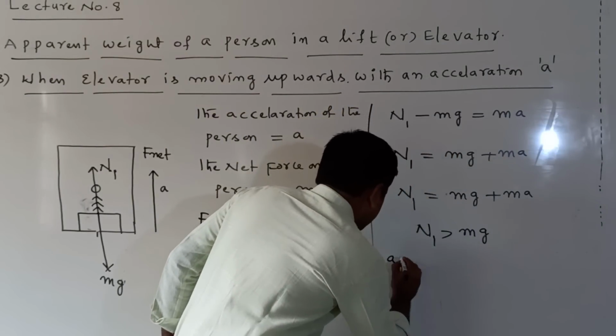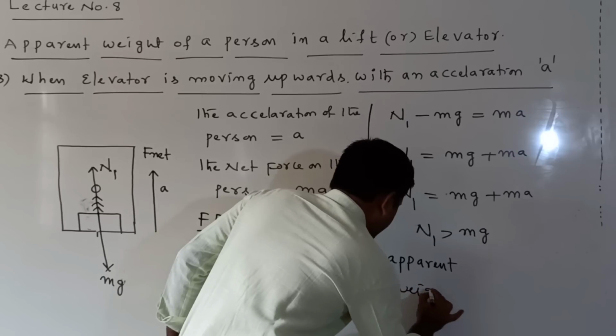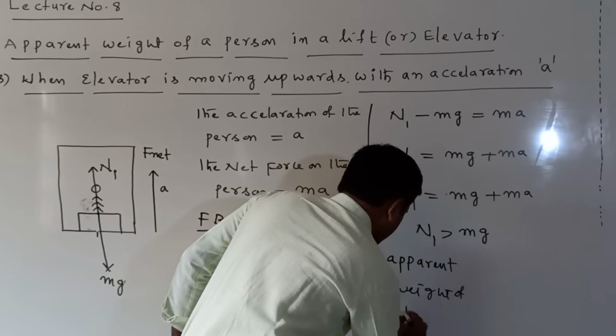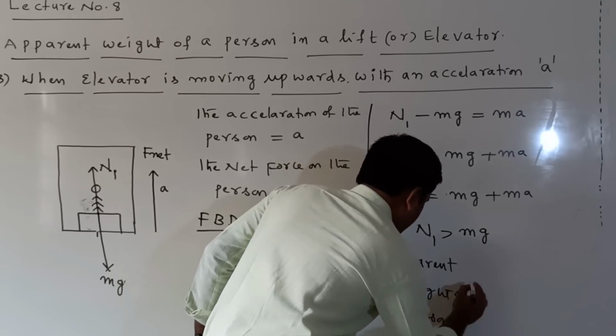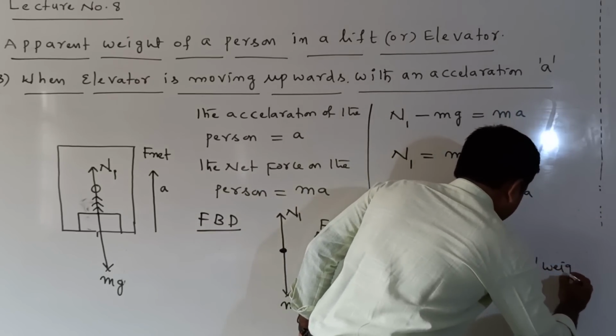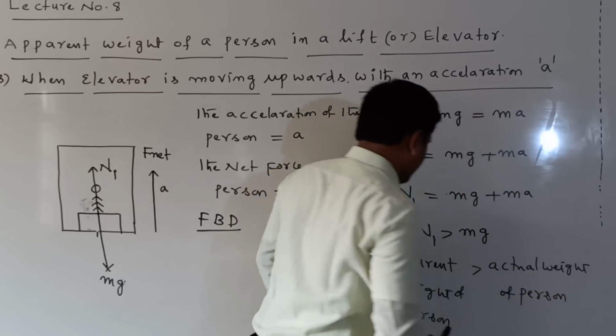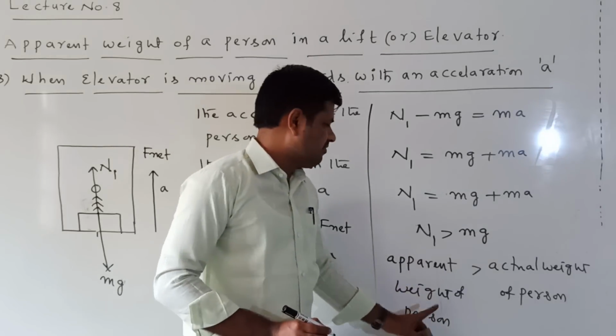From this we are saying that the apparent weight of the person is always greater than the actual weight of the person. n1 is the normal reaction, which gives the apparent weight of the person.